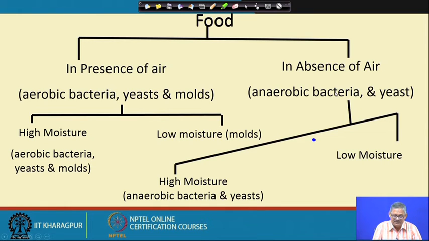Again, if it is high moisture, then both of them, anaerobic bacteria and yeast, can grow and multiply and act. But if it is low moisture, then none of them can, because we have seen that at low moisture only mold can grow in aerobic conditions, and here in anaerobic none of them, yeast, mold, bacteria, can grow.